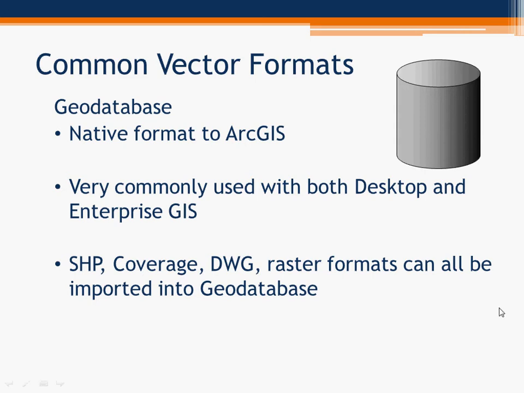So the second point here is about being used with both desktop and enterprise GIS. We're working in the desktop environment, but when we use the term enterprise GIS, or enterprise system, essentially what we're talking about is a larger organization, maybe a municipality or an agency that has several different databases that talk to one another, and they may potentially be geo-enabled.